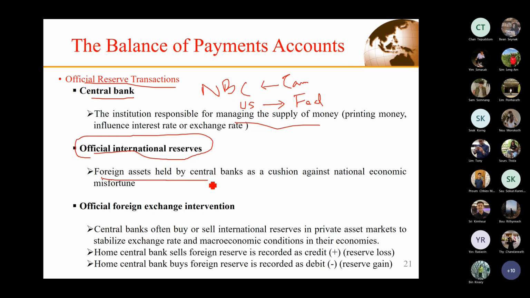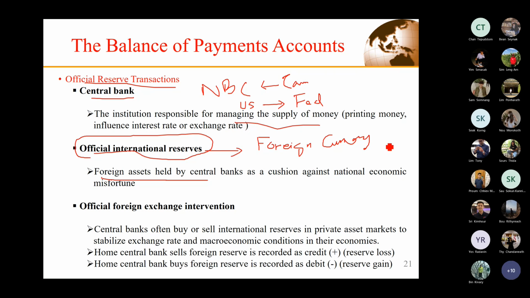Okay, generally this official international reserve can be in many forms. It could be in foreign currency. Or it could be gold, or something that you can convert into foreign currency easily.